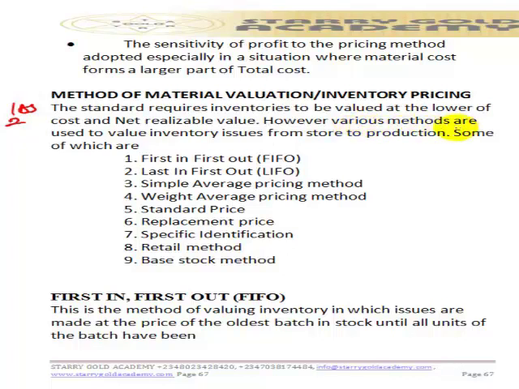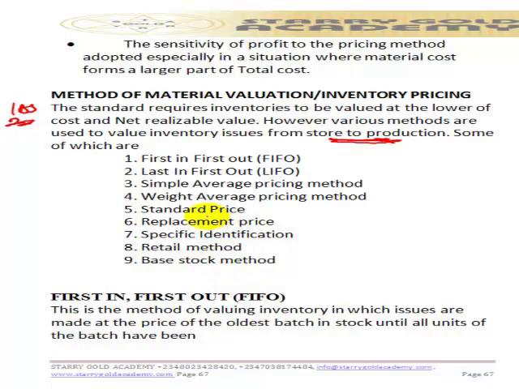However, various methods are used to value inventories from store to production. This is for reporting, but this is for accounting, or this is for storing. Some of which are the first in first out method, last in first out method, simple average pricing method, weighted average pricing method, standard price method, replacement price, specific identification, retail method, and base stock.